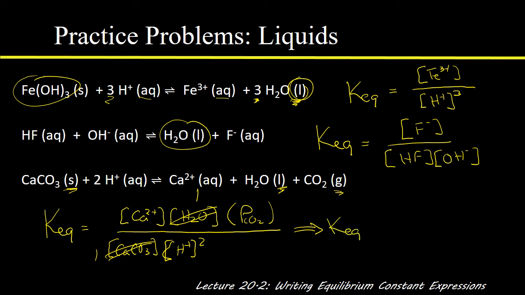So that leaves us with the equilibrium constant is equal to the concentration of calcium ions times the partial pressure of CO2 divided by the concentration of hydrogen ions squared. All right. Fantastic. A lot of little bits in this one, but all of them are pretty simple.